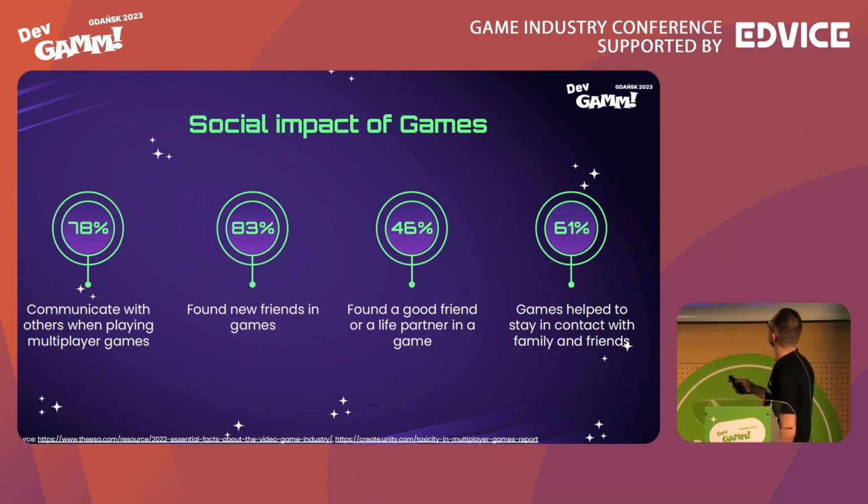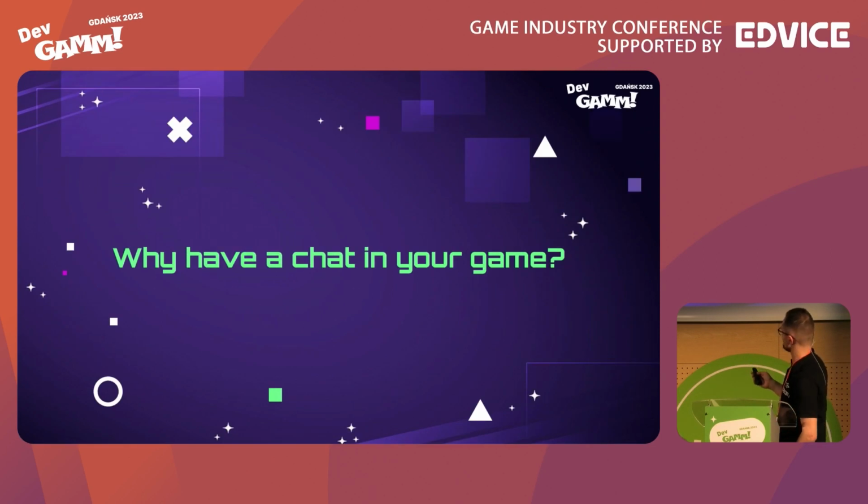More than 40% of players did find a good friend or even a life partner in a game, okay? So basically, in-game communication and communities around games have a huge impact on our social lives. So why would you even consider having a chat in your game?